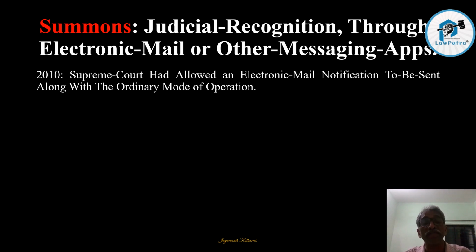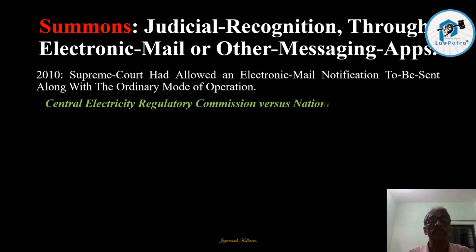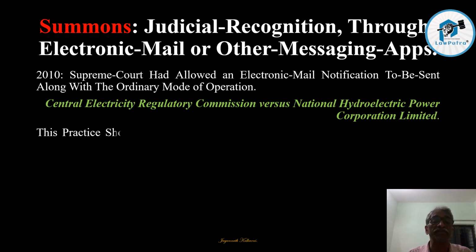In 2010, the Supreme Court had allowed an electronic mail notification to be sent along with the ordinary mode of service. So emails are acceptable in the courts as well. And this is the case Central Electricity Regulatory Commission versus National Hydroelectric Power Corporation Limited.